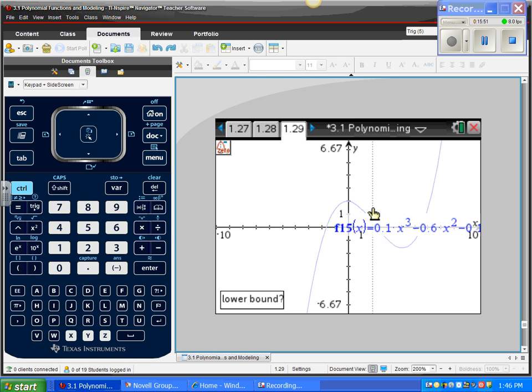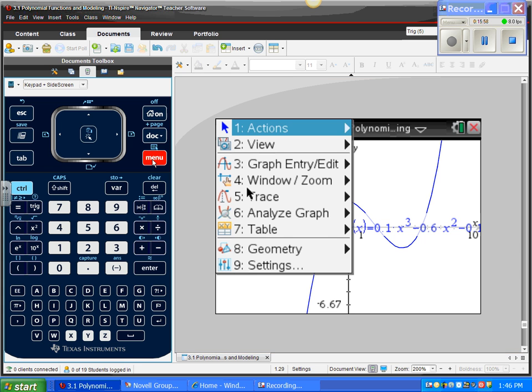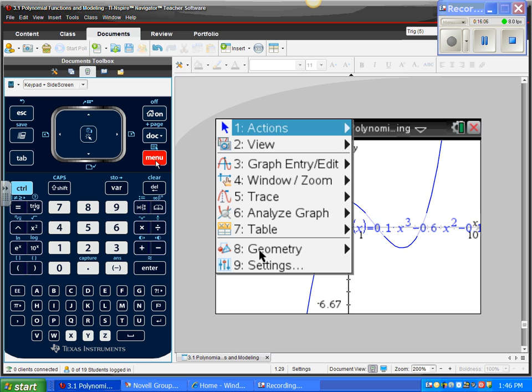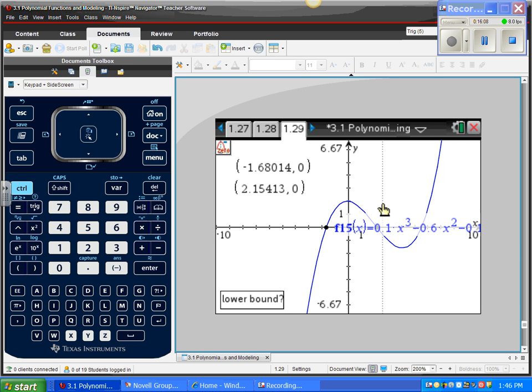Now we've got 3 we have to do, so we're going to have to do this 3 times. Okay, so here's our first one. Menu, Analyze, 0. To the left and to the right. There's my second one. Then again, Menu, Analyze, 0. To the left and to the right. And there's my third one. Okay? So those are my 3 solutions.